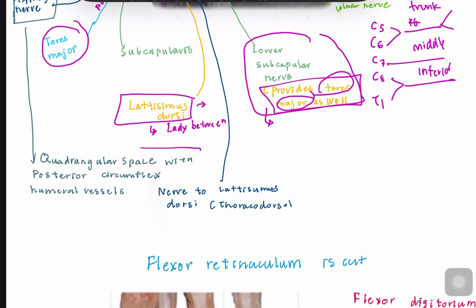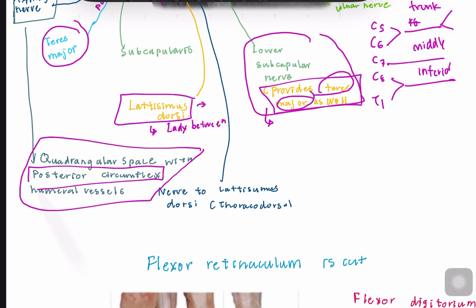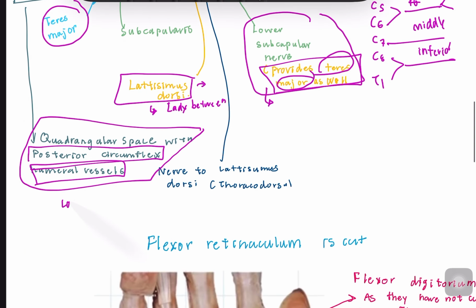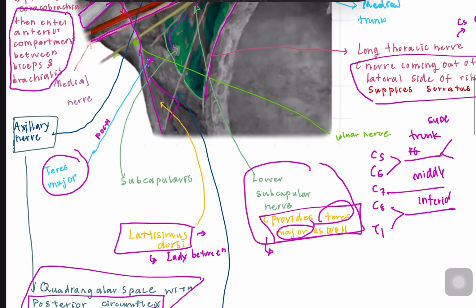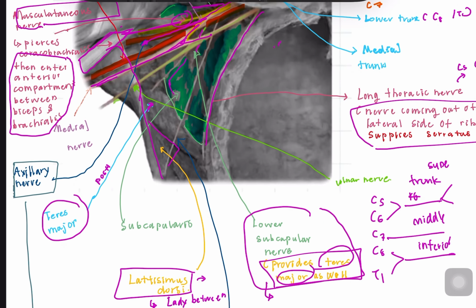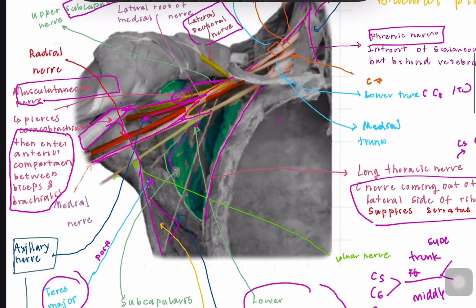So the axillary nerve goes through the quadrangular space with the posterior circumflex humeral vessel. So from the lateral cord, we got axillary and musculocutaneous. And then from medial, we got the median.